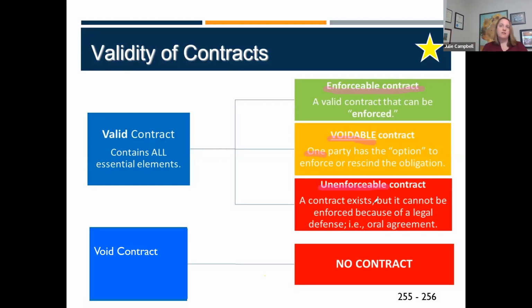Somebody that's been declared legally incompetent by a court of law does not have the mental capacity to enter into a valid contract. Thus, for your exam, if someone's been declared mentally incompetent by a court of law, that'll make the contract void. Everybody star that, highlight it, make a note of it.